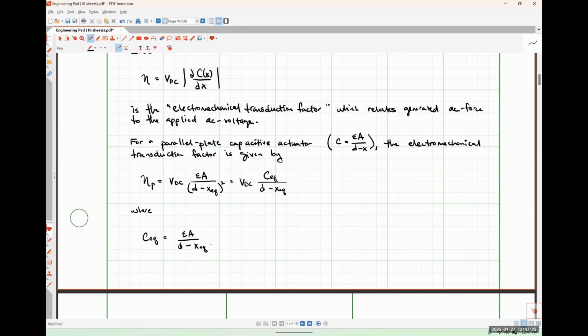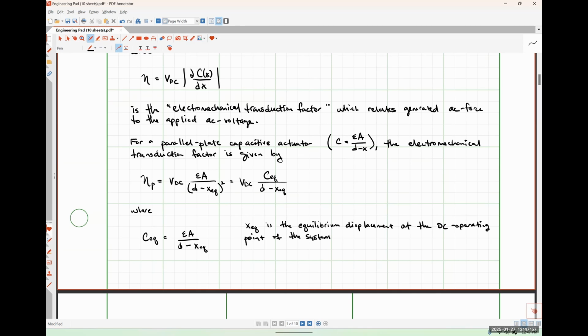And I'm just going to make a note here really quickly. X_EQ is the equilibrium displacement at the DC operating point of the system.